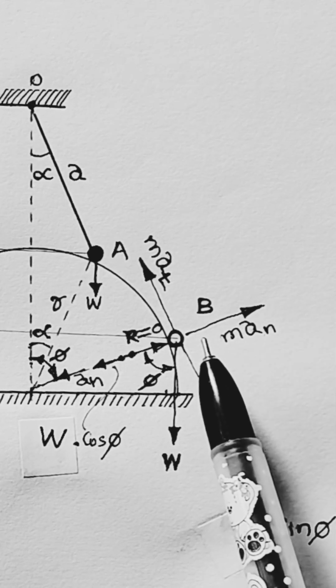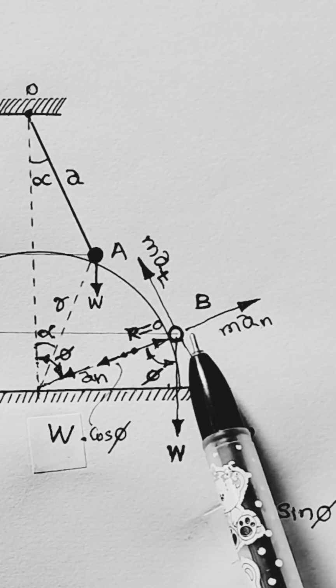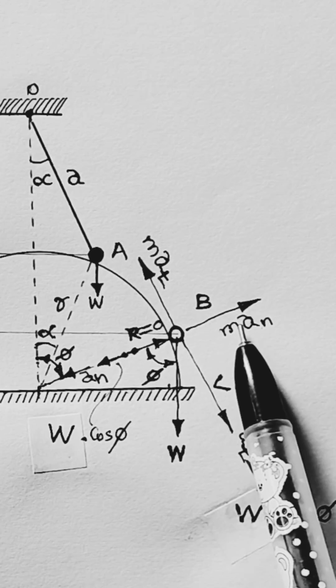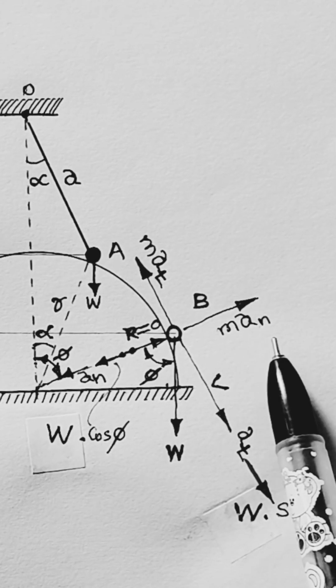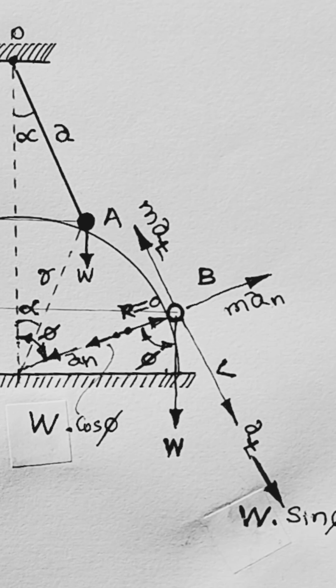That is also considered as centrifugal force. It is estimated as the mass of the particle times normal acceleration, m an. From the weight of the moving particle W, we can estimate mass. Weight equals mg. From that equation, mass equals W by g.